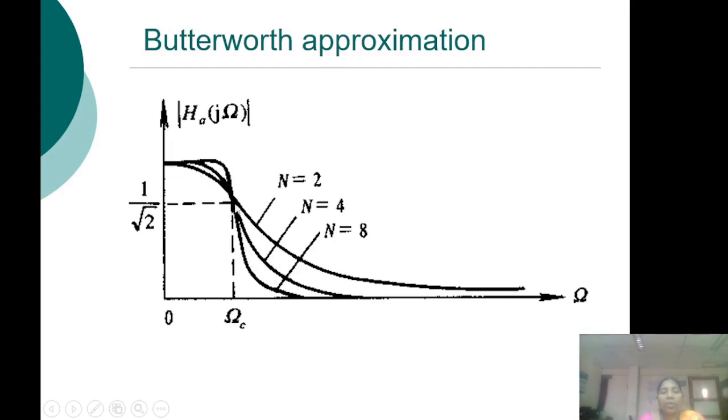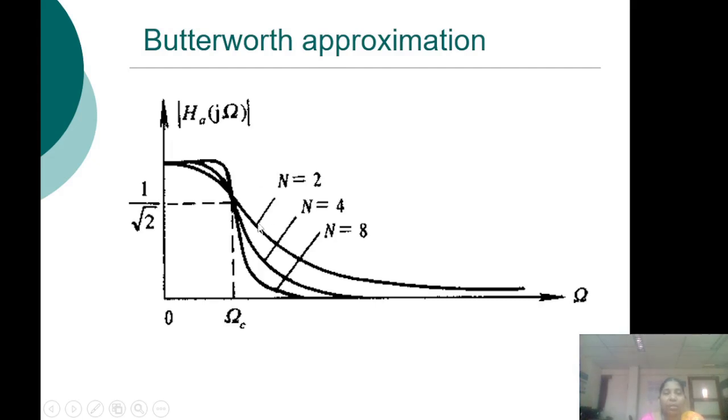Now if we increase the order of the filter to n equal to 4, you can see that the curve is a little closer to the ideal filter, though it still allows some part of the high frequency components. For n equal to 8, the curve is closer still to the ideal filter, but here also it allows some part of the high frequency components. So when you increase the order of the filter until the ideal response and the approximate response nearly coincide, we can say that we have a sharp cutoff.